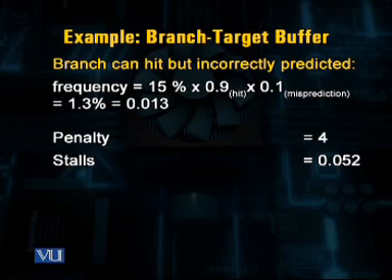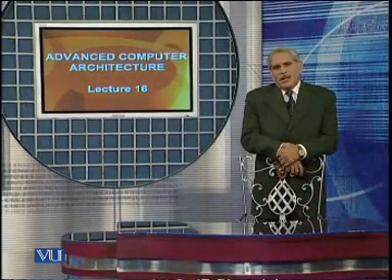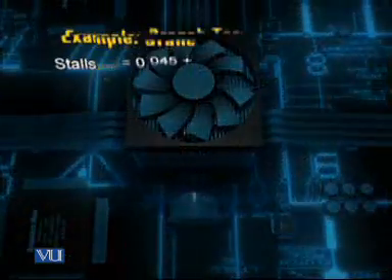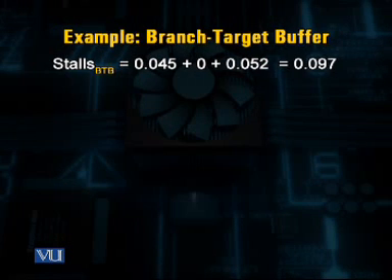However, in this case, the penalty is 4 cycles. Therefore, the number of stalls is equal to 0.052. Combining all these 3 stalls, it gives us the total number of stalls for the branch target buffer case, that is equal to 0.045 plus 0 plus 0.052, and it is equal to 0.097.